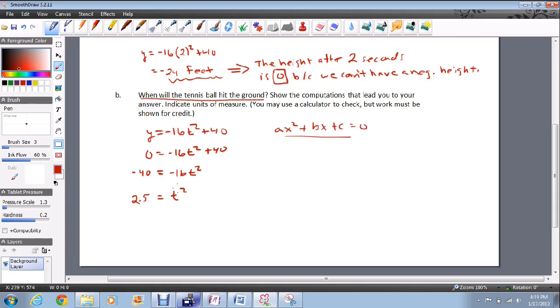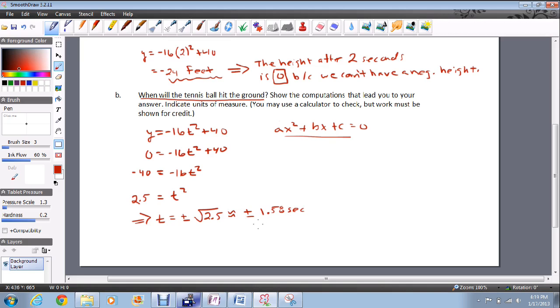And then just don't forget to take the square root. So what does all this mean? That means that t, after we take the square root, is plus or minus, don't forget about the positive and negative, the square root of 2.5, which comes out to approximately plus or minus 1.58. Now I said don't forget about the plus or minus because some problems you do need both of those.